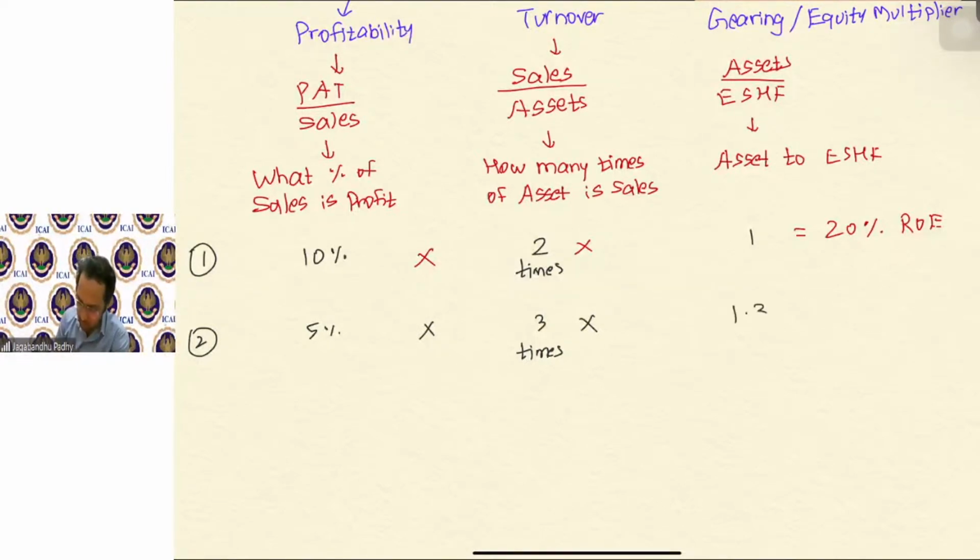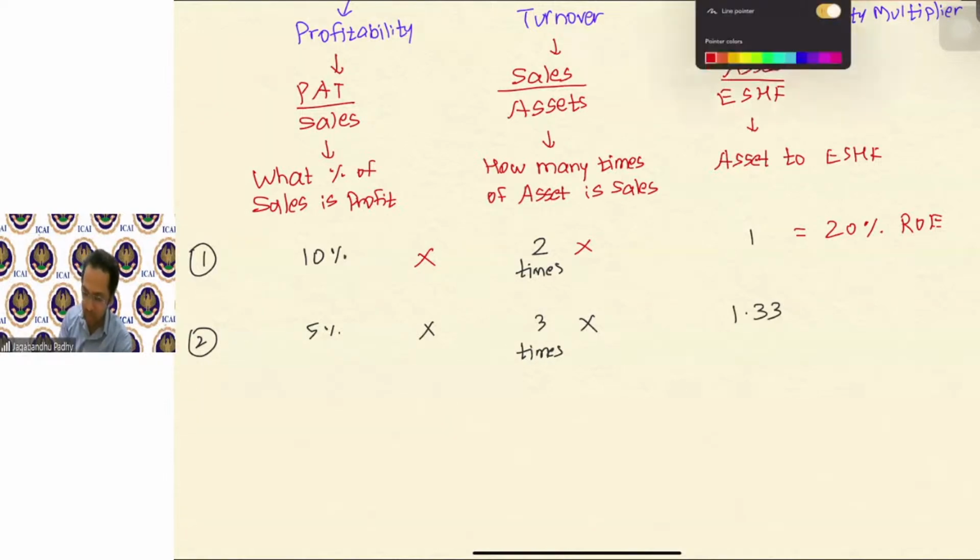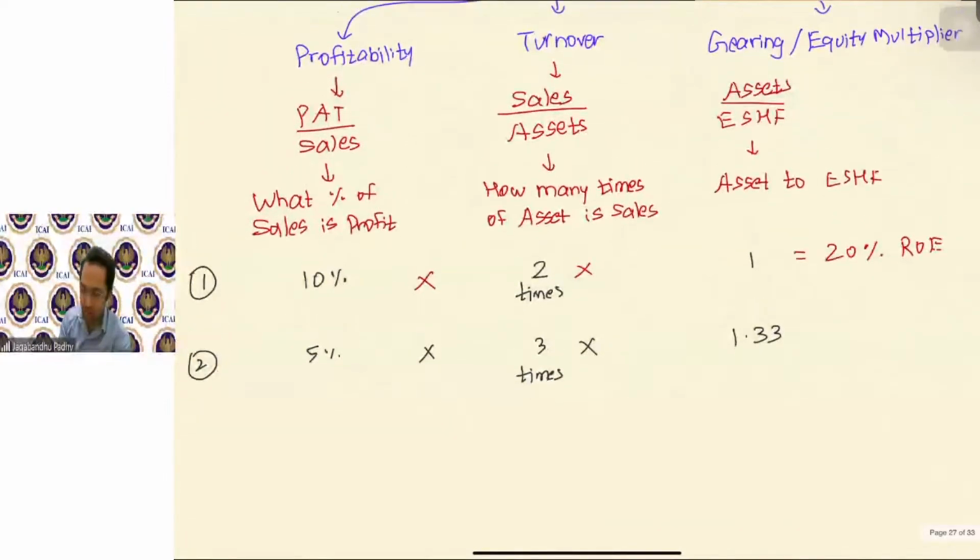And gearing here is 1.33, which means the assets you have are 1.33 times of equity shareholders funds.